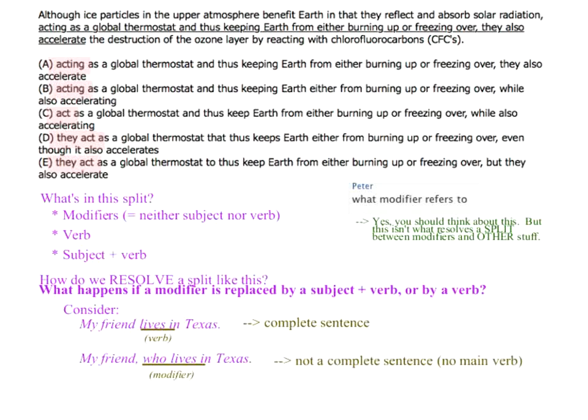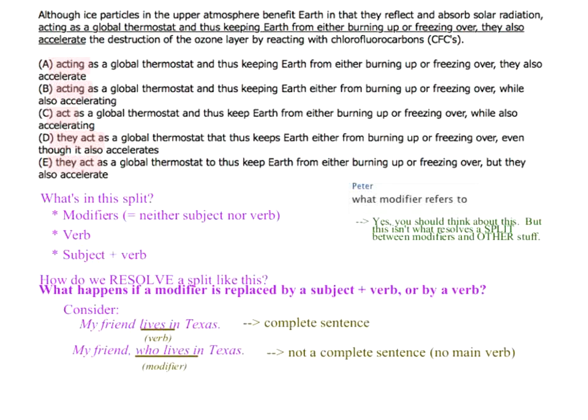If you want to look at this from a more general standpoint, basically modifiers are like non-elements when it comes to the overall structure of a sentence. Because remember that you can eliminate modifiers when it comes to grammar, but you can't eliminate things like verbs and subjects.